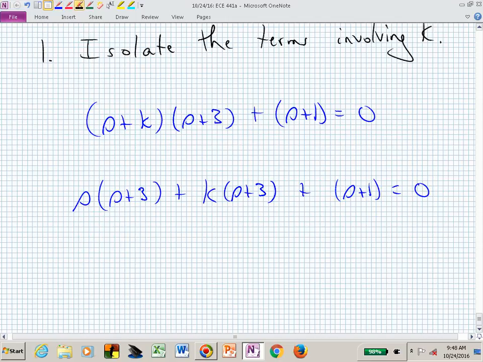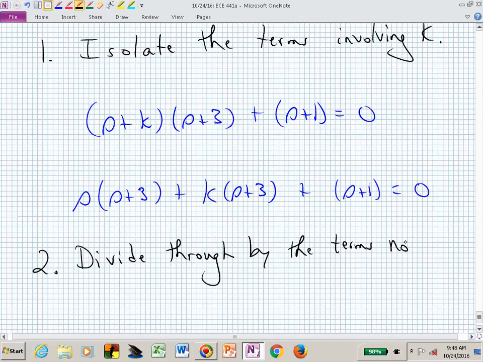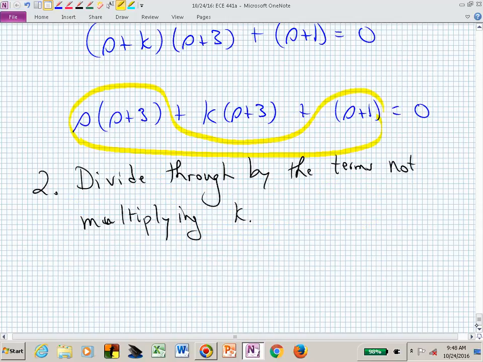Then what we do in the second step is we divide through by all of those terms that don't involve the K. Divide through by the terms not multiplying the K. By that, I'm looking at this piece and that piece, and I want to divide by that piece.